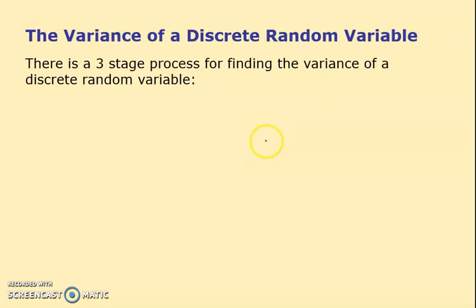So it's a three-stage process for finding the variance. So I've so far shown you how to find E of x. This is the average, the mean. But there is another thing called the variance, and the Var of x as we write it. I suppose we've seen the variance in normal statistics, and it's quite similar. And you can also think of this as the standard deviation squared, in the same way as it is in normal maths.